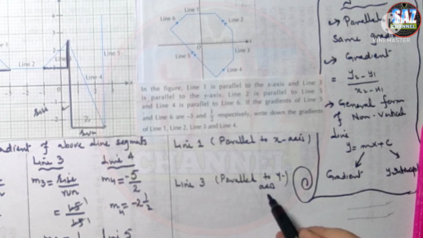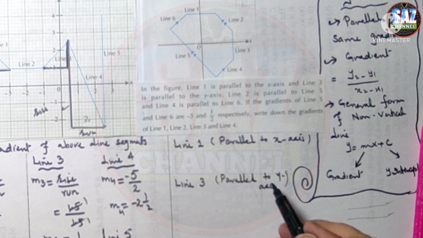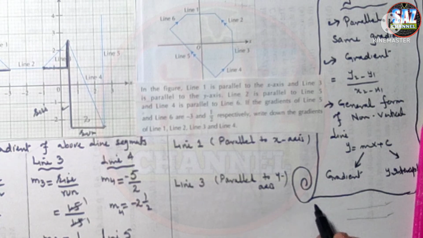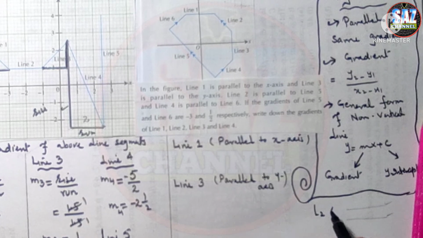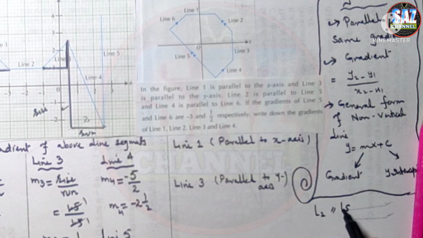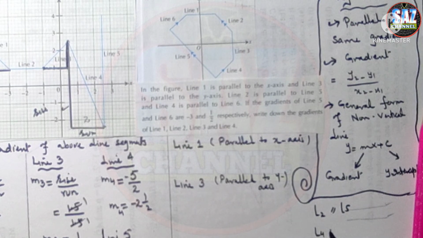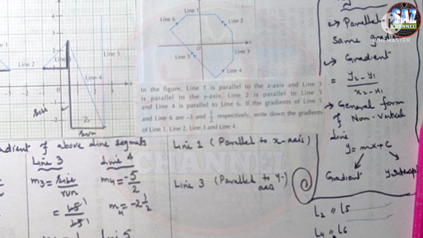Recall the properties of these lines. And then line 2 and line 5. Line 2 is parallel to line 5. Line 4 is parallel to line 6. Okay.